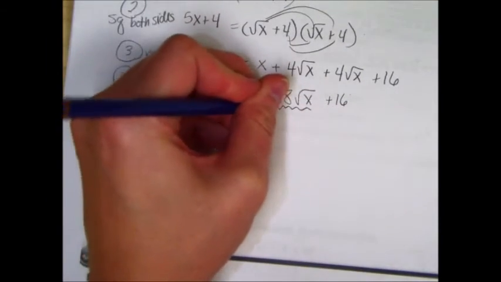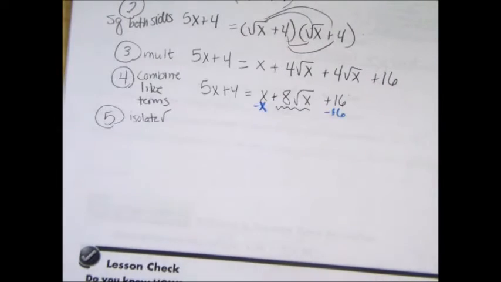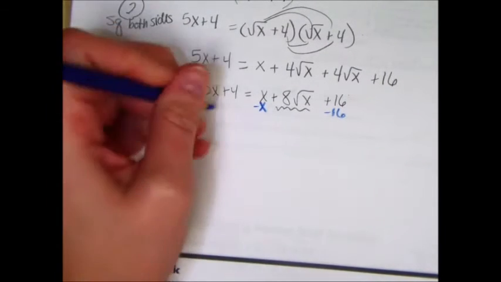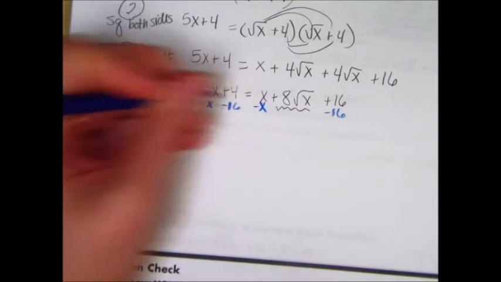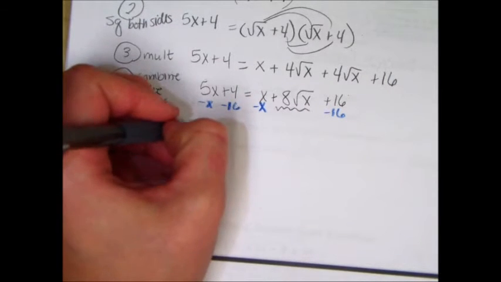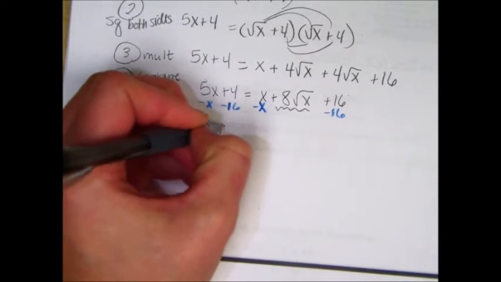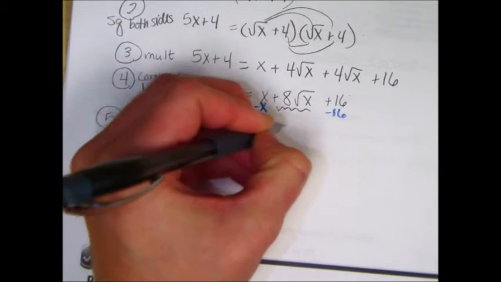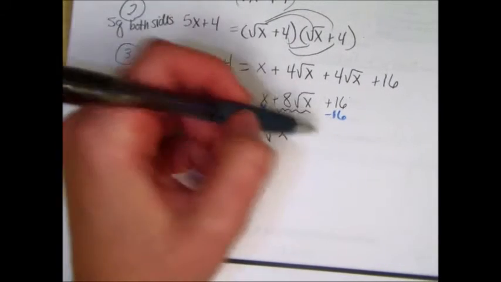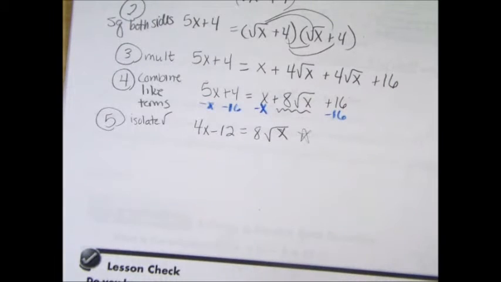I need to take away x and I need to take away 16 on both sides. So that's going to give me 4x minus 12 equals 8 square roots of x. At this point, if you want to divide by 4, since everything does divide by 4, you may. I'm not quite sure if you do that on your own though, so I'm not going to do it.